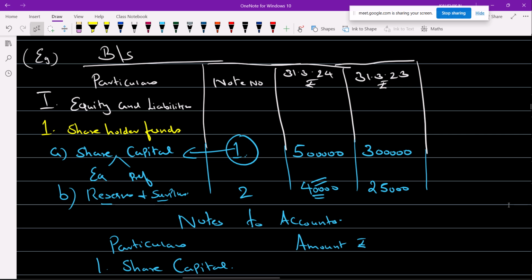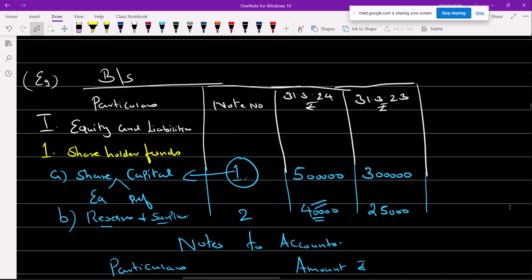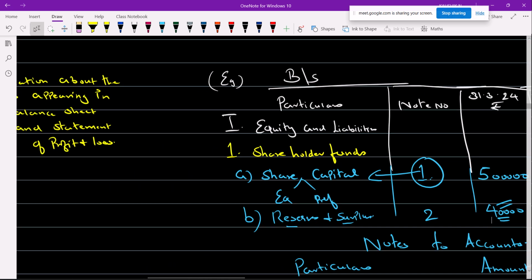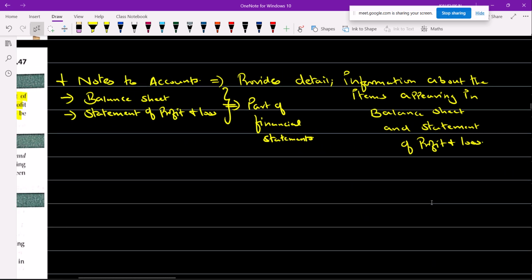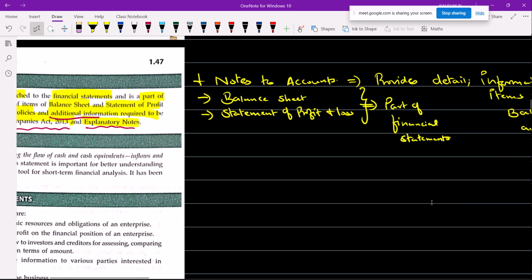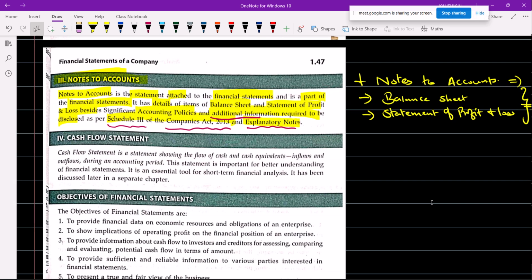So this is what we call notes to account. As I mentioned, it gives you detailed information about the items appearing in the balance sheet or statement of P&L. It's a part of your financial statement, done as per the requirement of the Companies Act of 2013, giving you a full disclosure of the items.